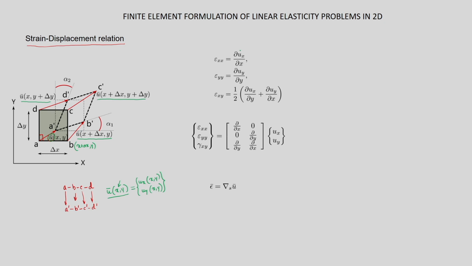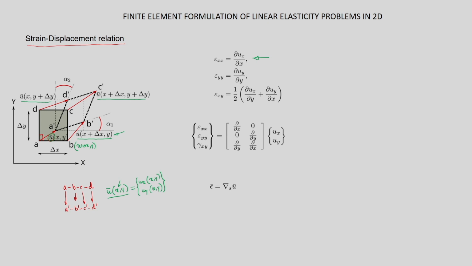So epsilon xx we get as del ux del x. How can we get it? We can identify the change in length of AB to A prime B prime, and that we will see as the difference between ux at x plus delta x comma y minus ux at x comma y. The difference is divided by the initial length, that is delta x.